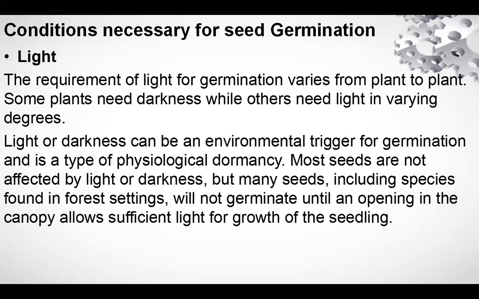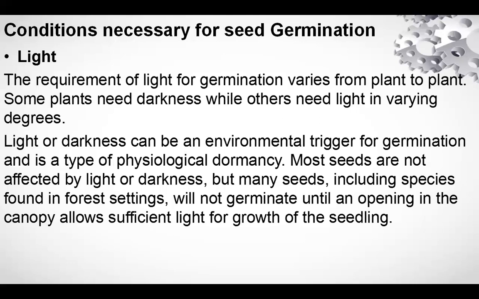The last condition necessary for seed germination is light. The requirement of light for germination varies from plant to plant, as some plants need darkness while others need light in varying degrees. Light or darkness can be environmentally triggered for germination in the type of physiological dormancy.